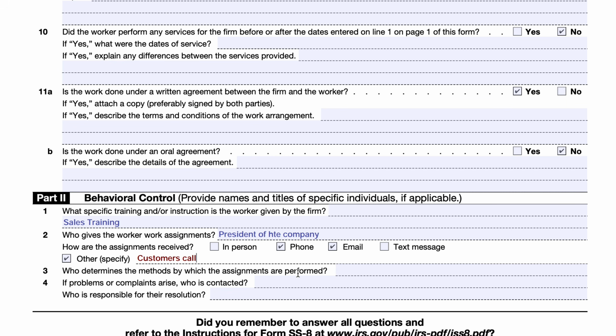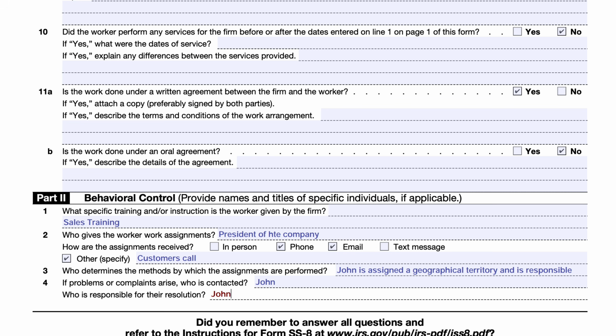Who determines the method by which the assignments are performed? John is assigned a geographical territory, who's contacted? John.